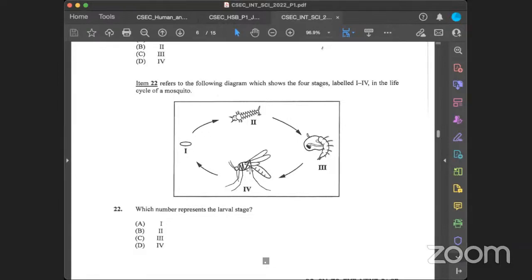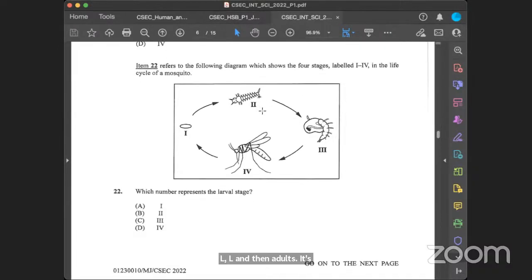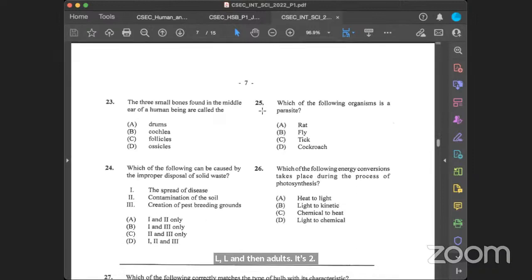Adult is 4. So we know that is out. Is it 2 or 3? Check the order: egg, larva, pupa, and then adult. It's 2. Good. Excellent.